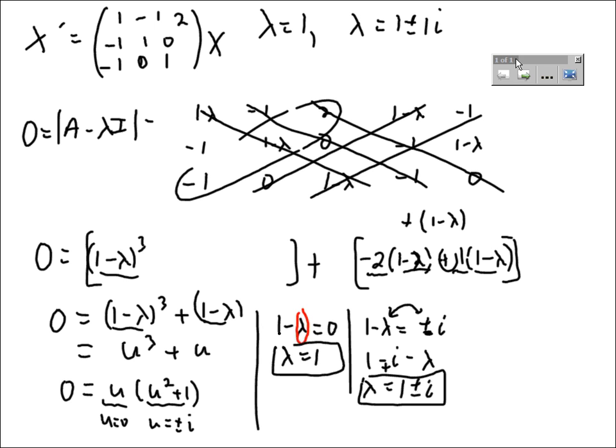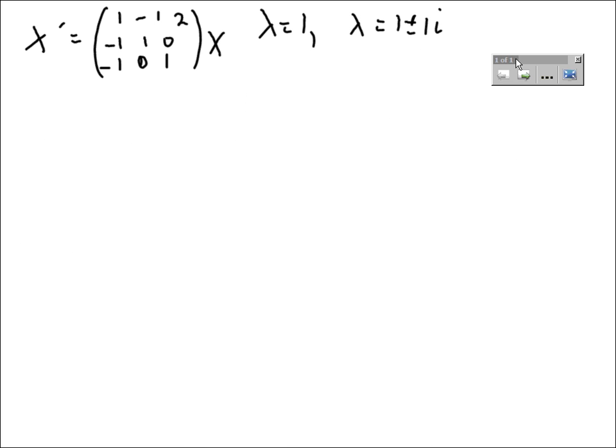So now let's deal with lambda equals 1. Let me just put some silly subscripts down, 1 and 2. Now when lambda is equal to 1, we need to solve our famous equation, A minus lambda I, and 1 times I is just I, so just A minus I times k is equal to 0.